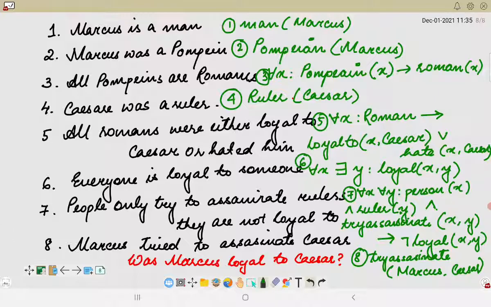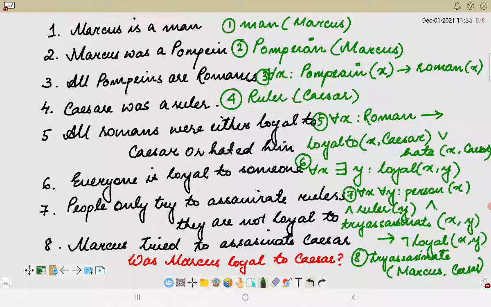Now, if we are considering all the 8 representations here, basically all 8 are not needed in order to solve this particular question, that was: Marcus loyal to Caesar?